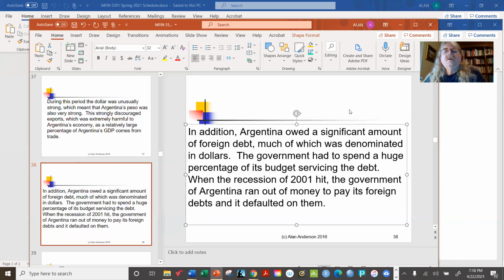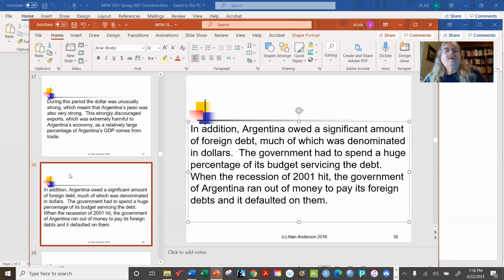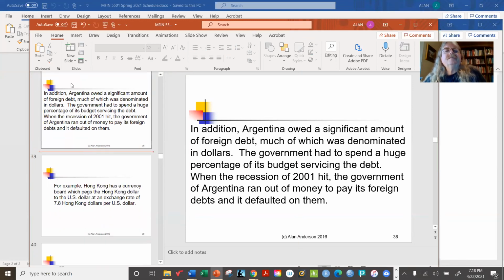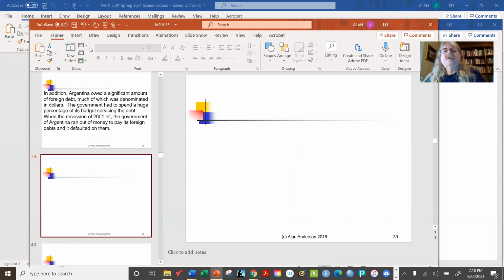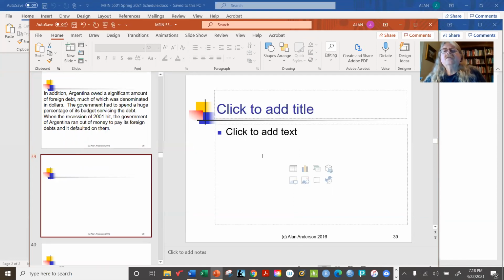But with a corporation, at least you have the option of declaring Chapter 11 bankruptcy and trying to rebuild your position and maybe restructuring your debts and somehow being able to survive.